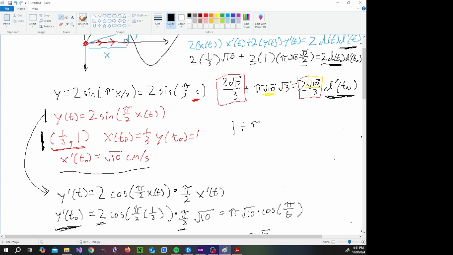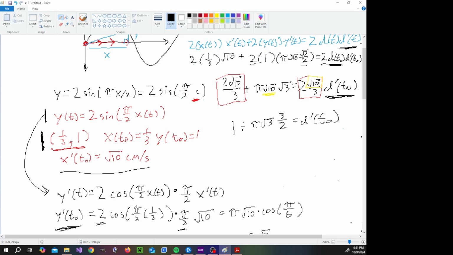So we're going to have pi root 3 times the reciprocal of whatever's left after we got rid of that root 10. So that would be 3 halves is equal to d prime of t naught.